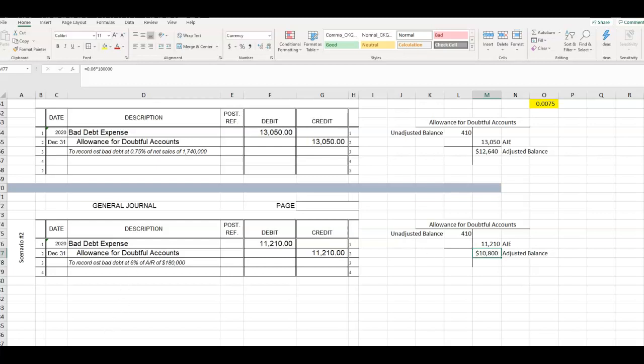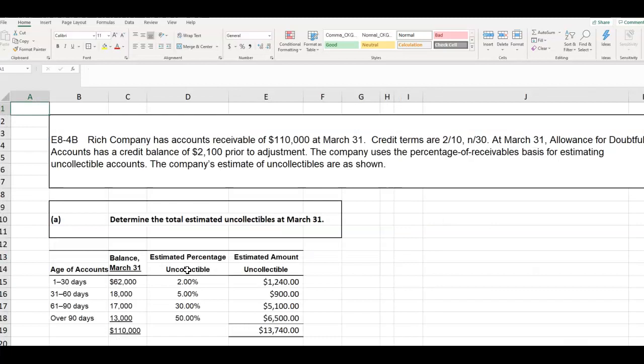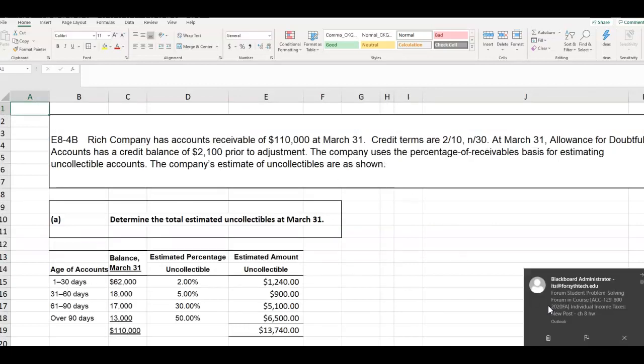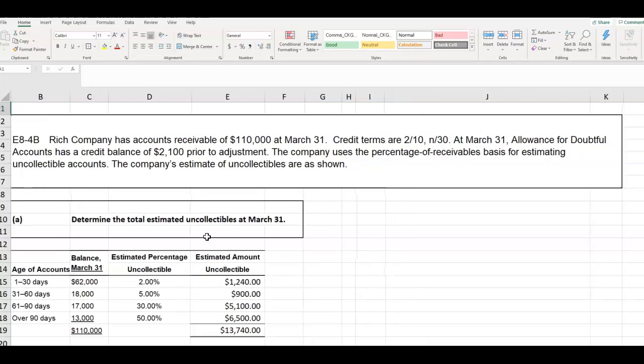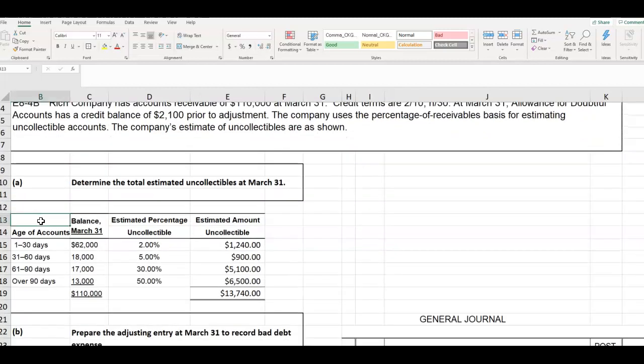And finally, one more problem. The Rich Company has accounts receivable of $110,000 at March 31st. Credit terms are 2/10, n/30. Allowance for doubtful accounts has a credit balance of $2,100 prior to the adjustment, and we use the percentage of receivables method. Here is the aging schedule.